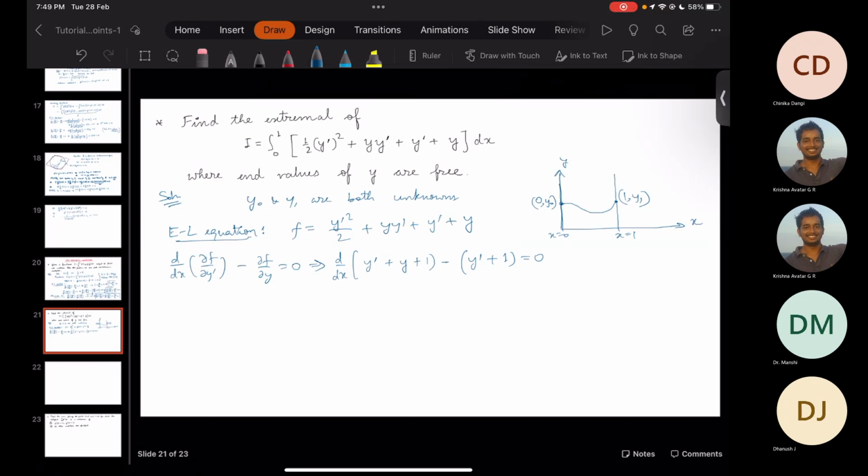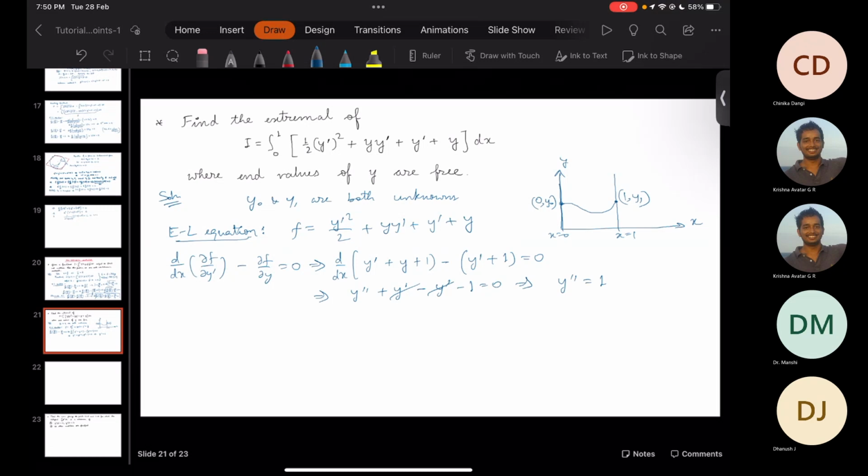Okay, so what does this give us? This gives us y'' plus y' plus 1 minus y' minus 1 is equal to 0. This cancels out, so the Euler-Lagrange equation is y'' minus 1 is equal to 0, or likewise, y'' is equal to 1.